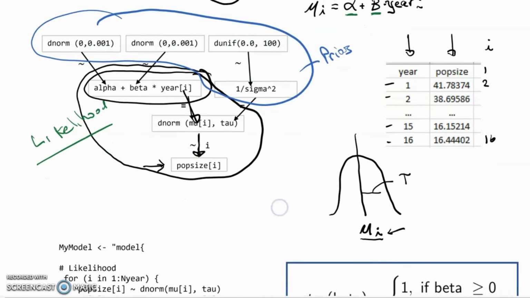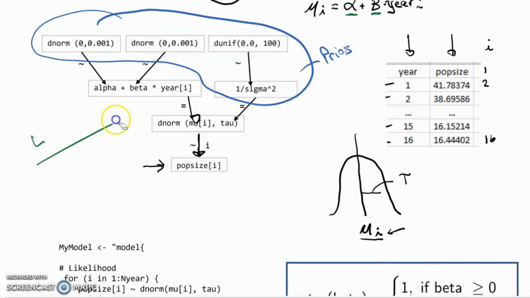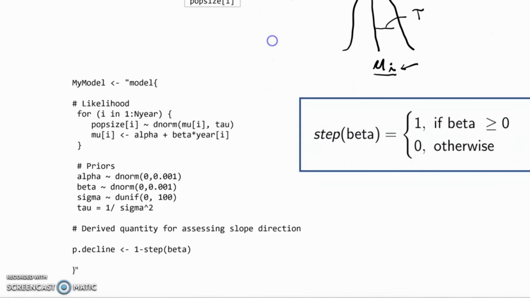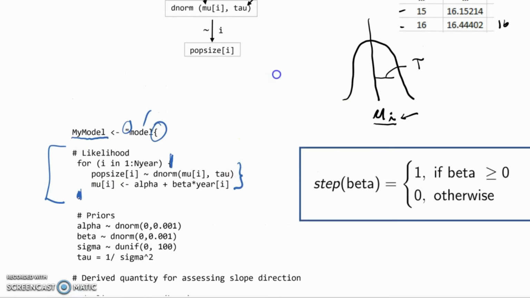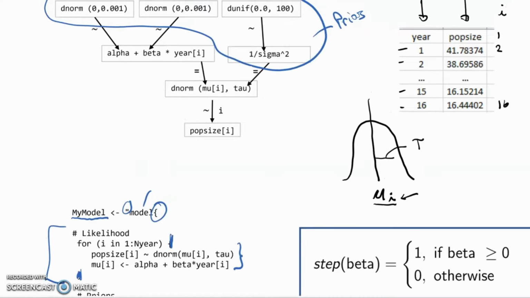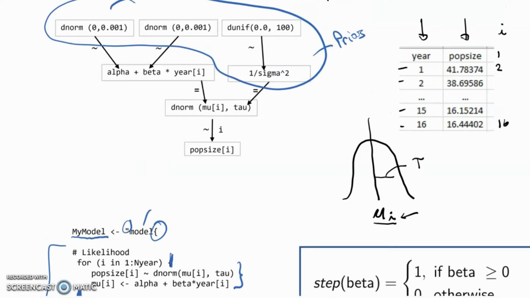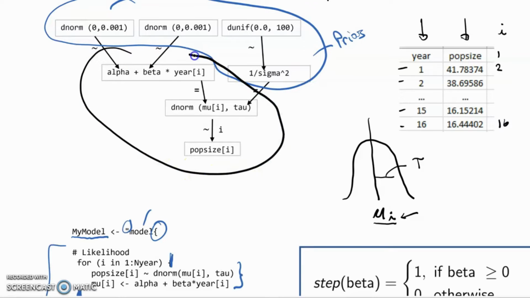So if we think about converting all this stuff here into the model statement, here's our model statement. Quotation mark, keyword model, parenthesis, parenthesis, quotation mark. We'll begin with the likelihood function, open and close brace. These two lines here, we decided that this is our likelihood function.